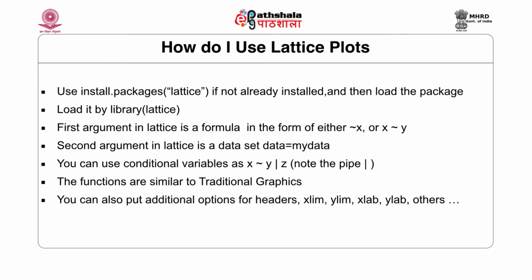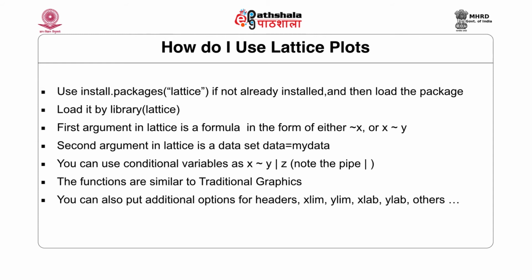Now, here are a couple of things that you need to know, really, because the lattice system works using a formula. So you say X, and then there's a tilde sign, which you will find on the top of your tab column in most keyboards. And then you use the tilde sign to indicate whether you want to use one variable or you want to use 2 variables. If you want to use one variable, then type tilde and the name of that particular variable. If you want to use 2 variables, then place those variables side by side.